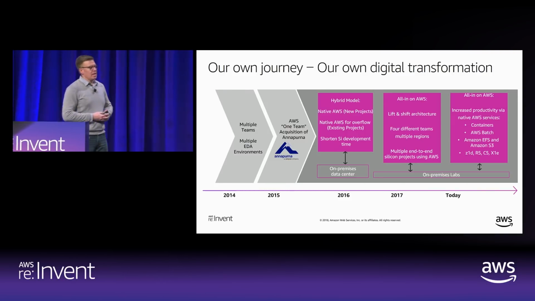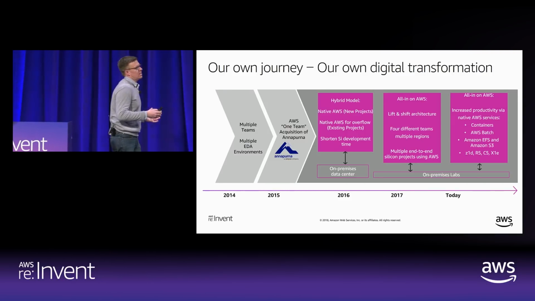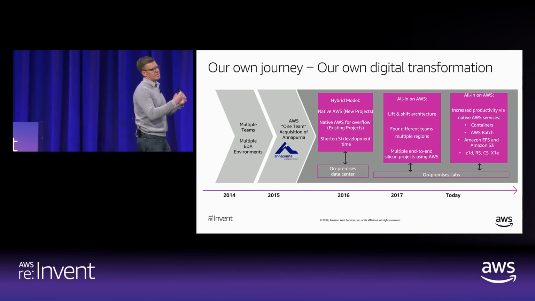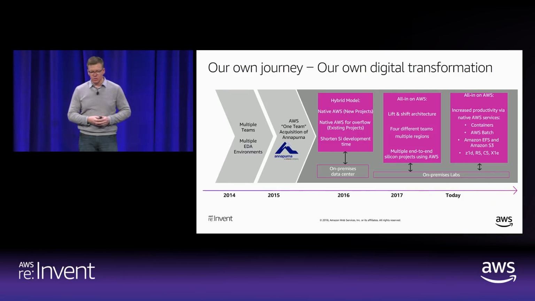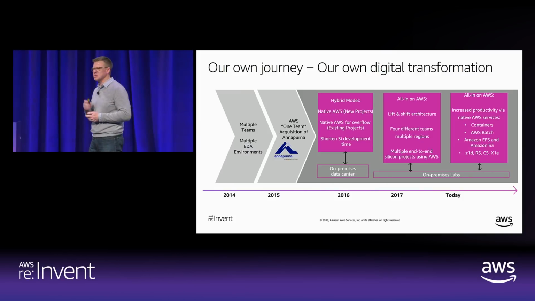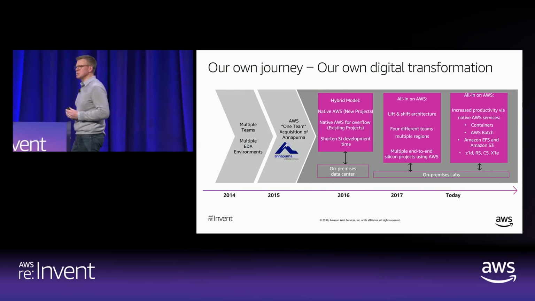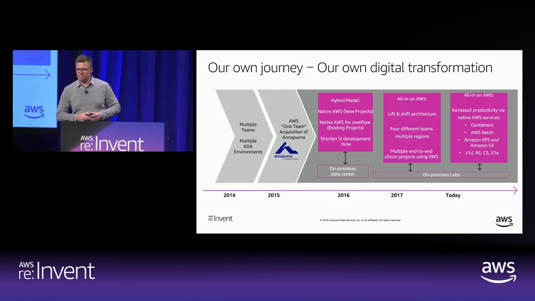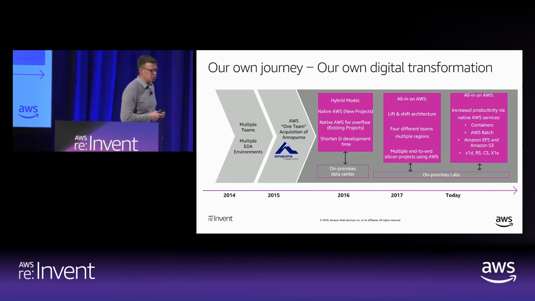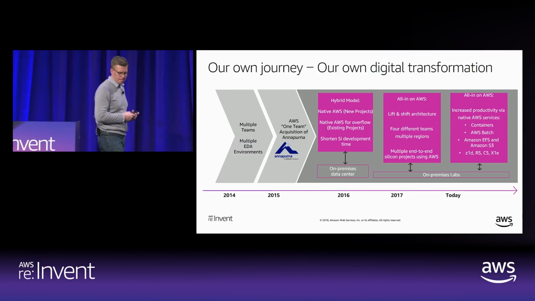That team has built and migrated an infrastructure, running in the cloud on AWS. Let me talk about how we got there, because I think the story tells a common story with everybody else in the EDA industry who wants to move to the cloud.